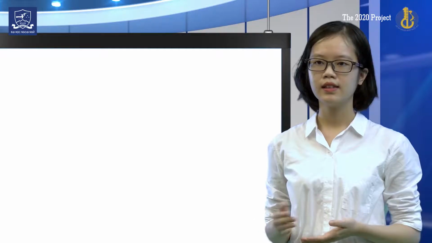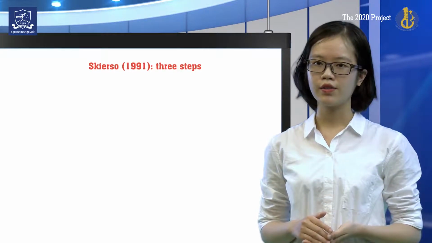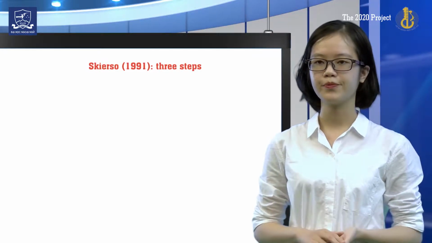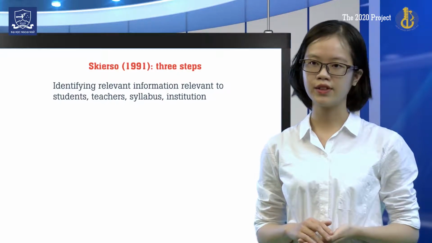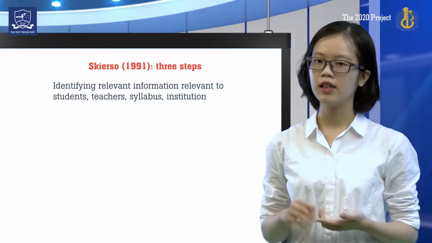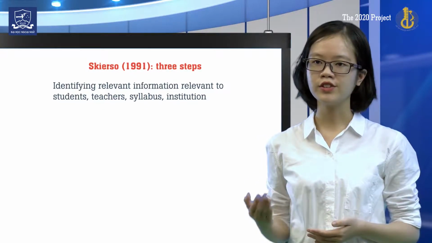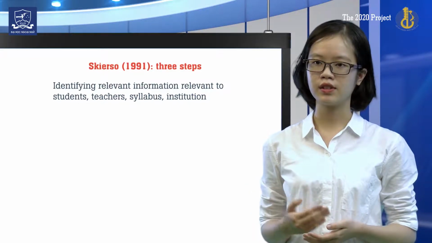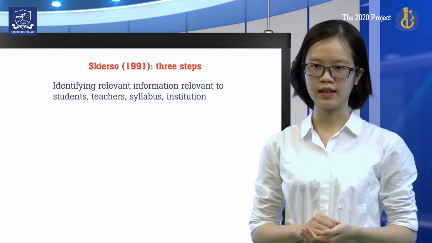On the other hand, according to Skierso in 1991, there are 3 steps in the process of material evaluation. First, it is identifying information relevant to students, teachers, syllabus, and institution. In other words, course designers need to understand characteristics of all factors that are involved in the process of learning.